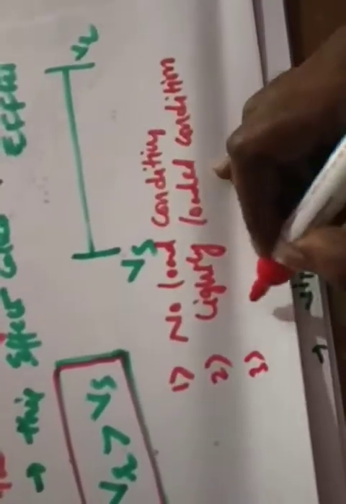The second is lightly loaded condition, and the third one is open circuited condition. Under these conditions the receiving end voltage is greater than the sending end voltage, and this phenomenon is the Ferranti effect.